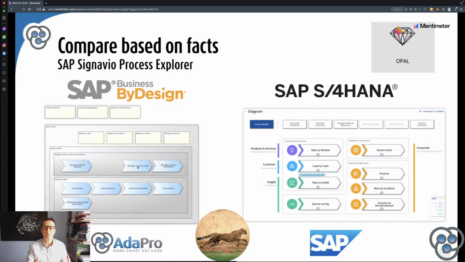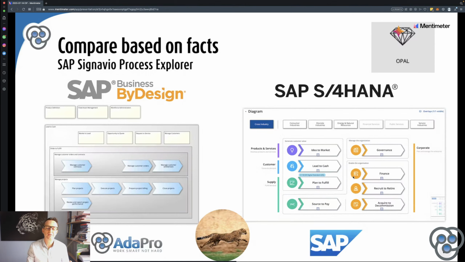This is what we do. And by this, we are sure that we can do that based on facts and have a comprehensive and easy to understand comparison between the two. And this is why I say we have unrivaled tooling power, because we are using SAP Signavio for that for many years in the area of SAP Business ByDesign. And now as SAP Signavio joined the SAP family, we have this additional accelerators from S4HANA Cloud.